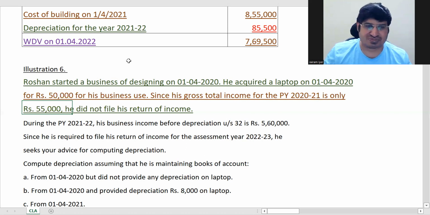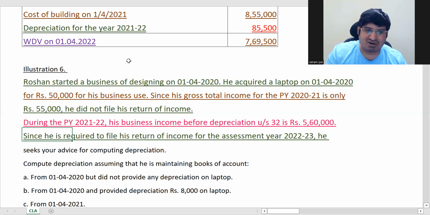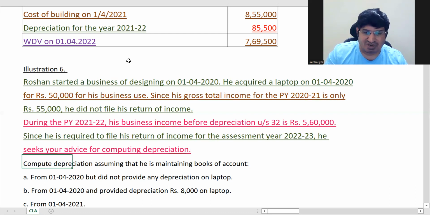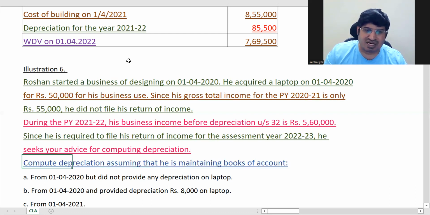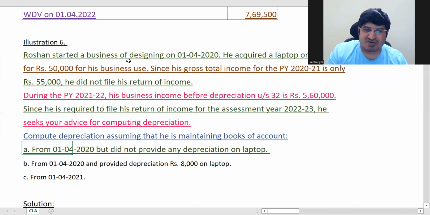Okay, during previous year 21-22 his business income before depreciation is 5,60,000. Since he is required to file return, he seeks your advice for computing depreciation. Compute depreciation, assuming he's maintaining books of account; there are 3 conditions given. Okay, 3 different conditions are given to us. So condition 1 is from 1/4/2020, that is he's maintaining books of account from 1/4/2020 but did not provide depreciation.